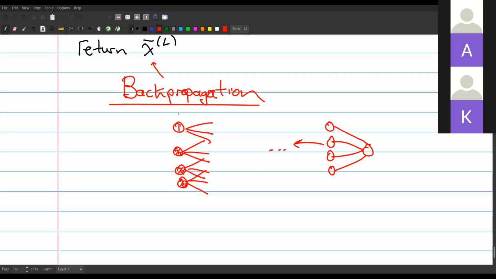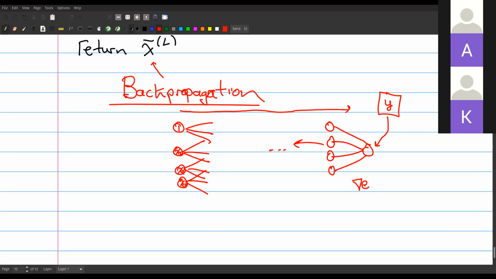You put in an instance from your training set, it pushes forward, and you remember all the x's and s's that we just talked about. Once you've pushed it forward, you can compare what came out to the training y. That gives you an idea of how wrong the output is, and this lets you estimate the gradient for this one particular training point.